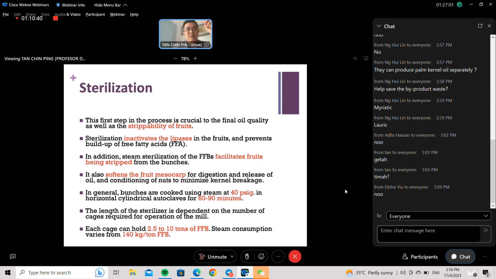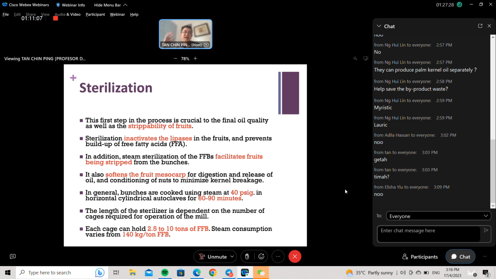Usually you cook the fruits under huge amount of steam for about 1 to 1.5 hours, depending on the design of sterilizer. So you are going to take the fruits, put them in cages. Cages, you can imagine like your commuter or your MRT cars.